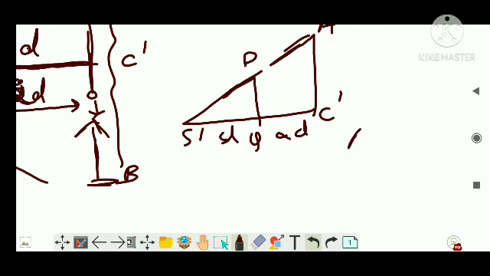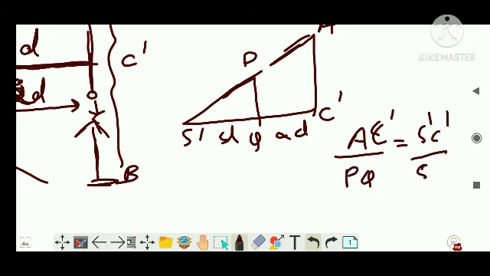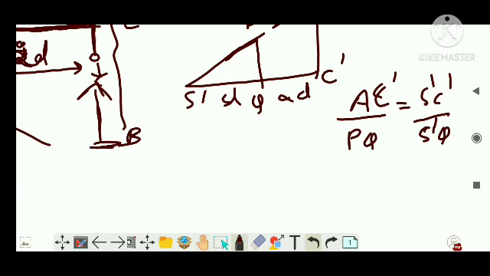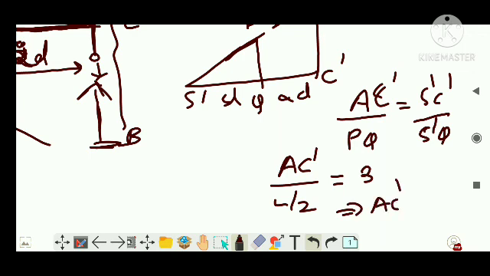Clear? So again, by similarity of triangles, AC dash by PQ will be S dash C dash by S dash Q. Or I can write AC dash by L by 2 is equal to 3. Or I can say AC dash is equal to 3L by 2.